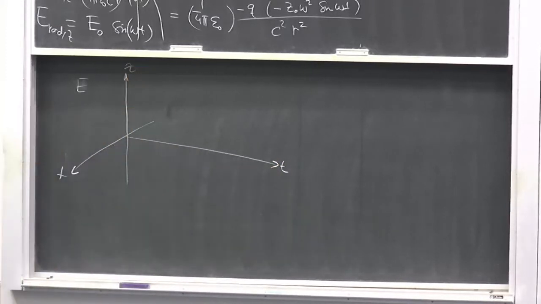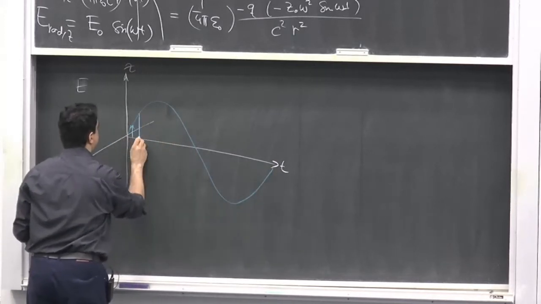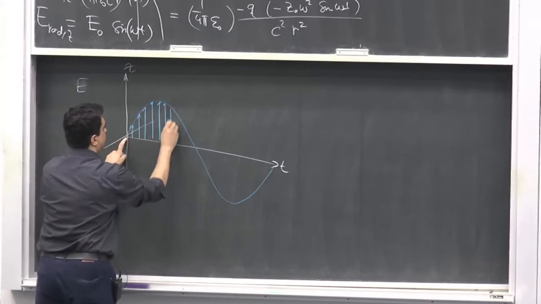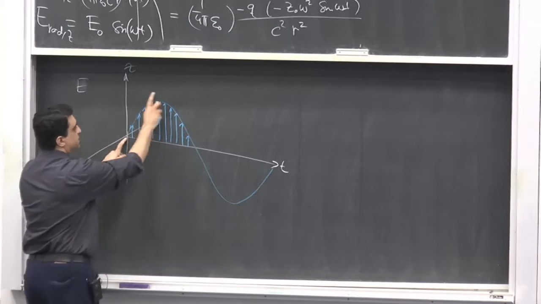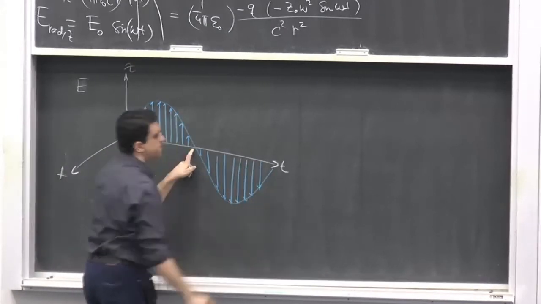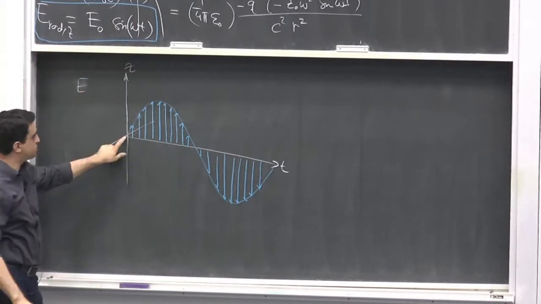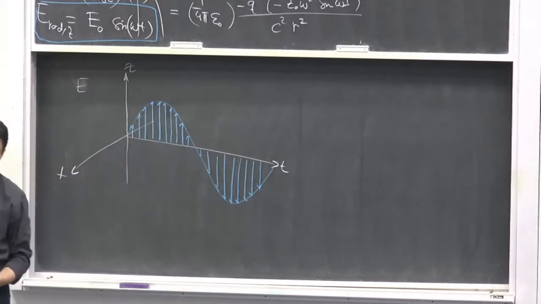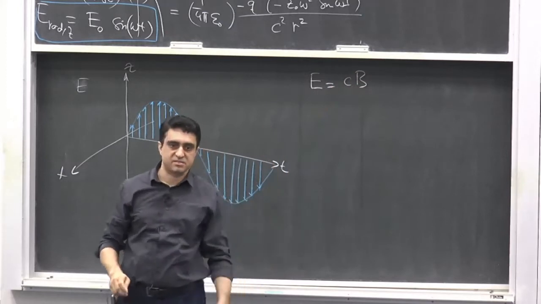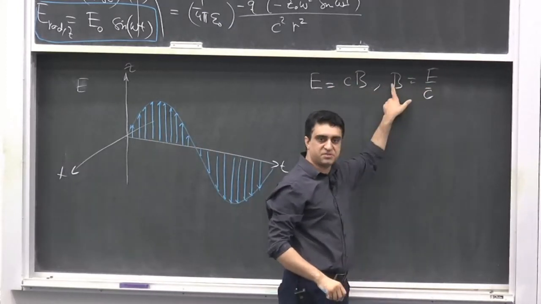So the magnitude of the Coulomb field, which is this one, drops off like 1/R squared. So if you draw it, it would be something like this. It drops off like 1/R squared. And this is the normal Coulomb electric field.